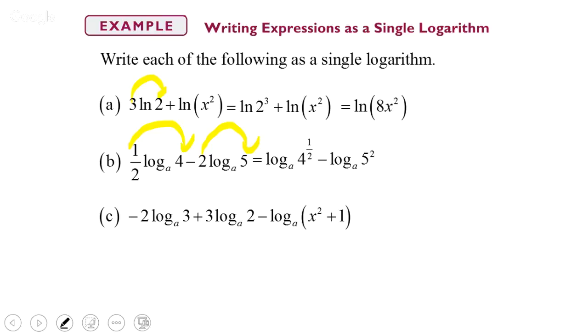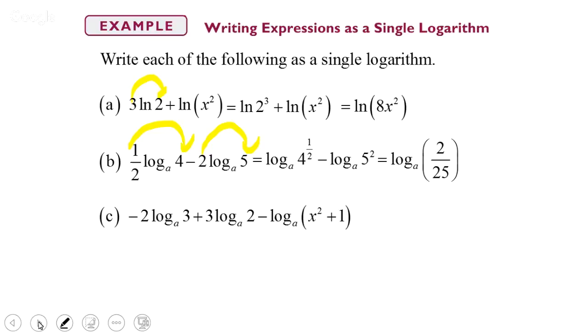Now they have powers. Well, 4 to the 1/2 power is the square root of 4, so that's going to be 2. And 5 squared is 25. And it's subtraction, so it's going to be division. Because I have subtraction, there's division. That's why it's 2 over 25.